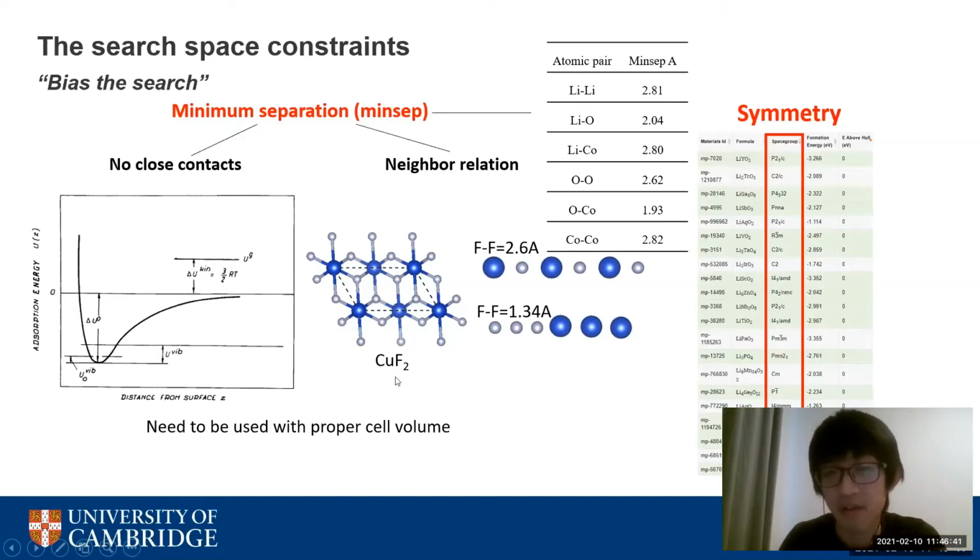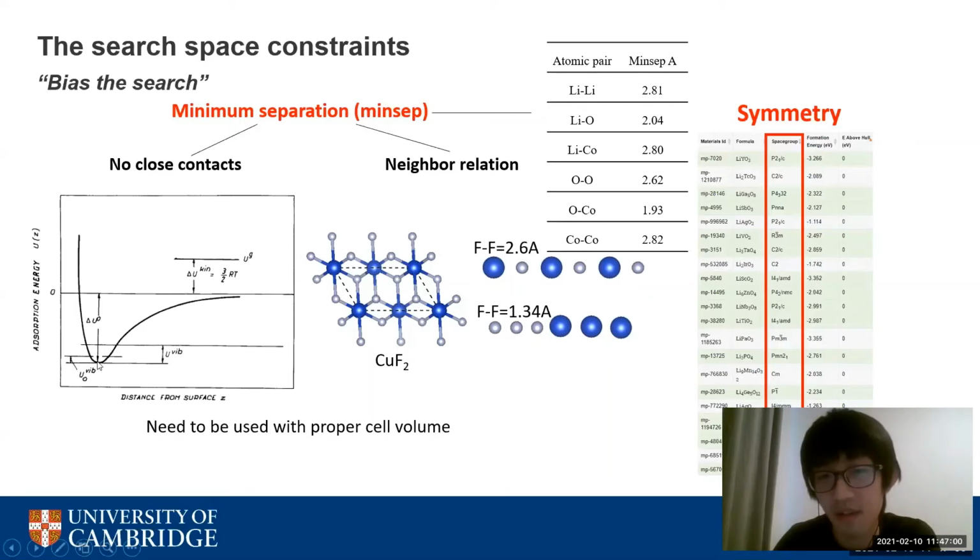So here I give you an example. For example, if you have this copper fluoride crystal, the copper and fluorine are usually arranged in a way that is one copper, one fluorine, one copper, one fluorine. It's never like all the fluorines are crowded together to form fluorine neighbors.